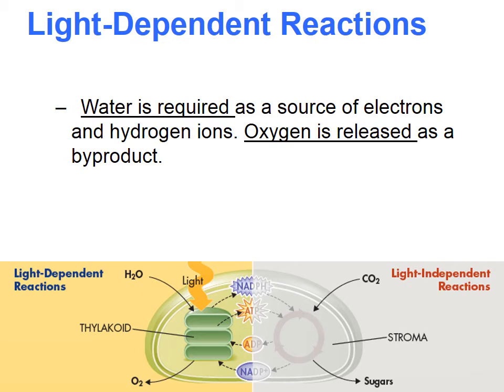So if you look at this picture on the bottom, on the left-hand side, you see water going in. That water actually gets split. And the hydrogens are what get carried over in that NADPH, and then the oxygen is released into the atmosphere. And that happens during the light-dependent reactions.